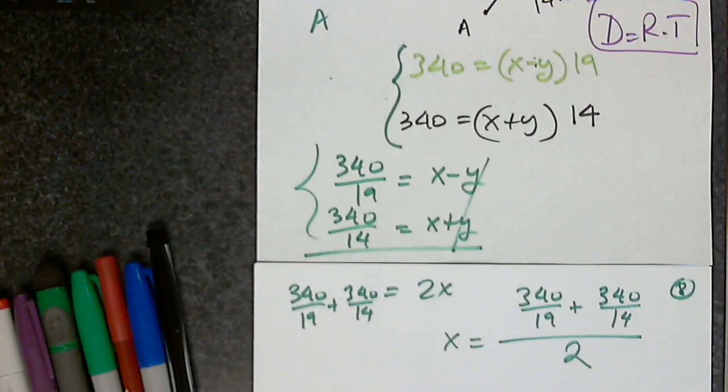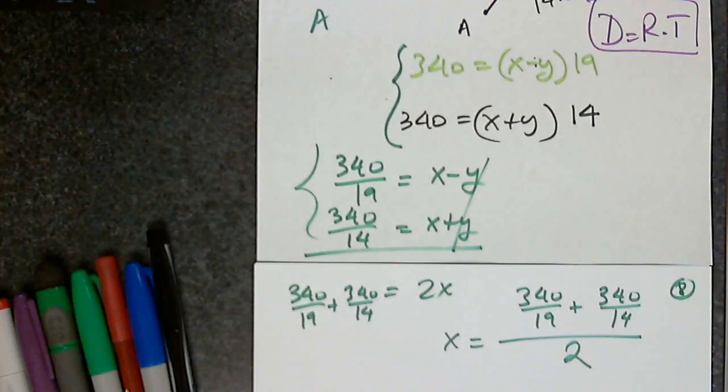So left parenthesis, 340 divided by 19, and then plus 340 divided by 14. You close the parenthesis for the numerator, and then you divide by 2. And the answer is 21.09.